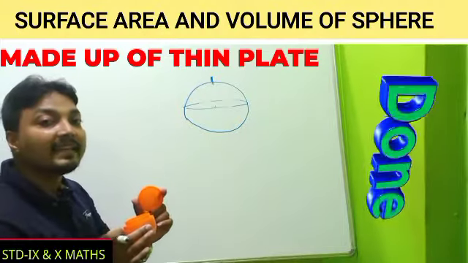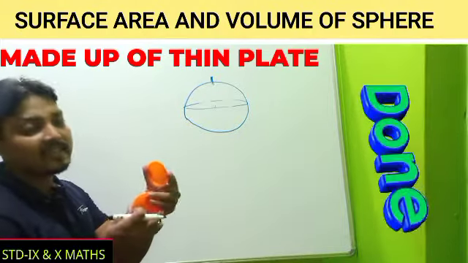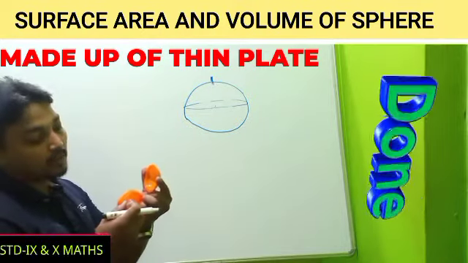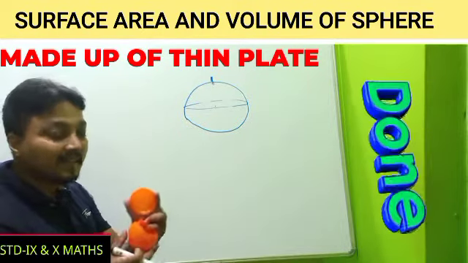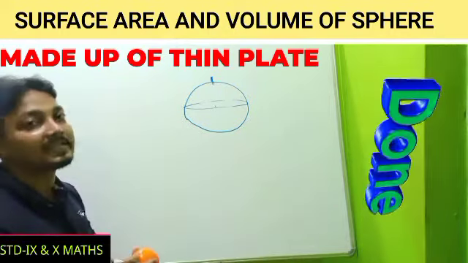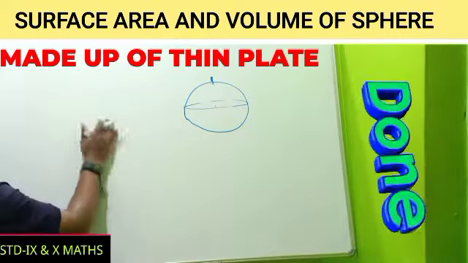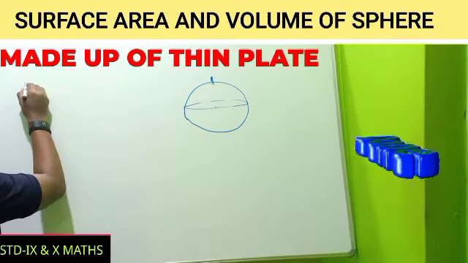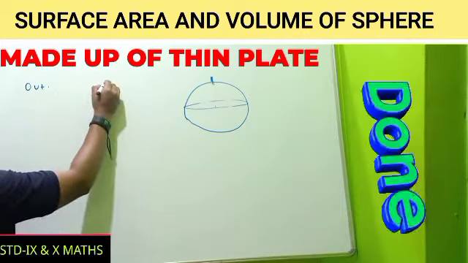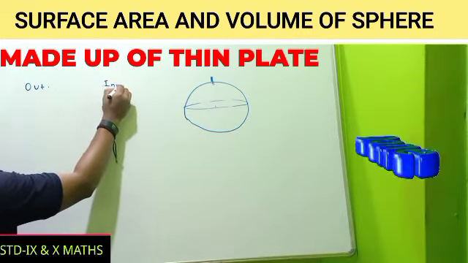Whenever there is no thickness, or the thickness is negligible, whenever the width of the plate is negligible, it means outer surface and inner surface are both the same. So here I am writing, one is our outer, shortcut writing outer, another one is our inner.